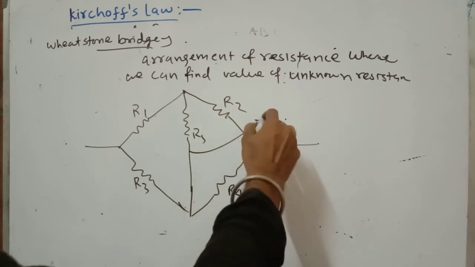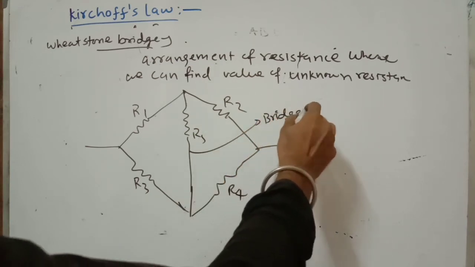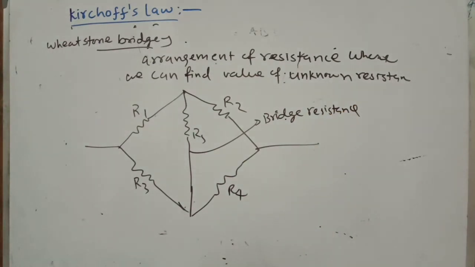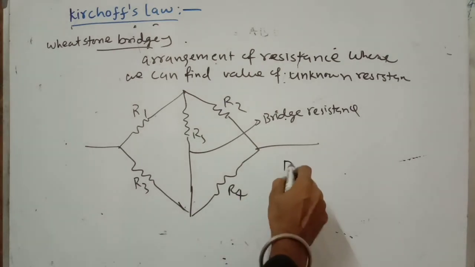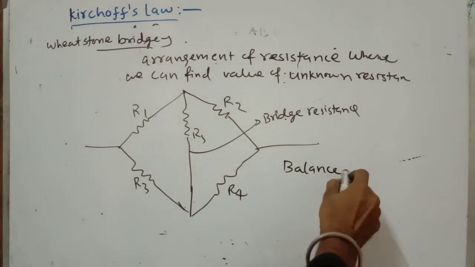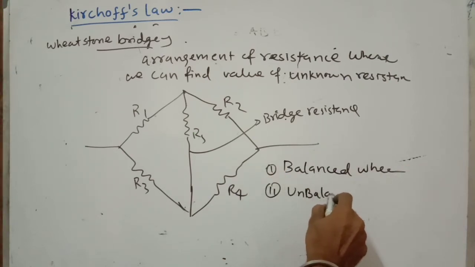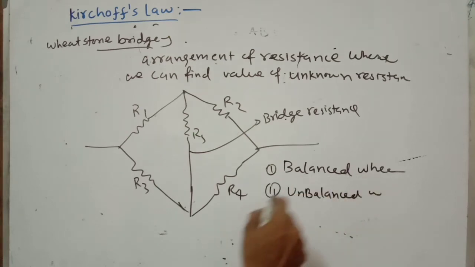This resistance is called the bridge resistance. According to Wheatstone bridge, there are two types. Number one, balanced Wheatstone bridge. Number two, unbalanced Wheatstone bridge.